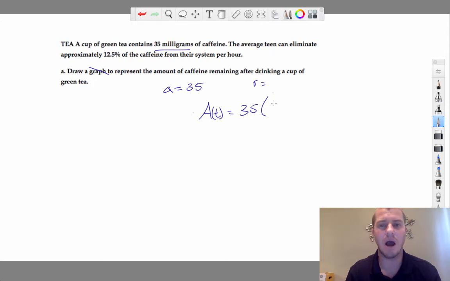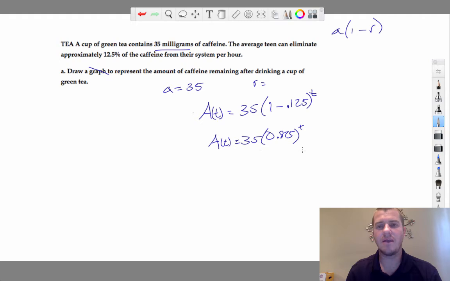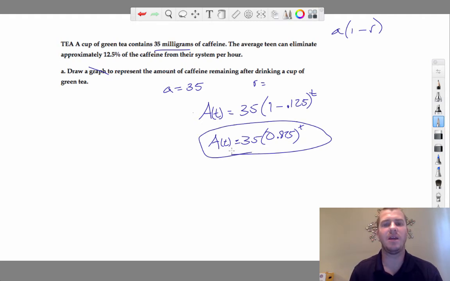When it's a decay problem, instead of doing A times 1 plus R, the R is actually a negative, so you're really doing 1 minus the R. So I have 1 minus 0.125 raised to the t, which is the number of hours. So I have 35 times 0.875 raised to the t, and this would be the equation for that scenario.